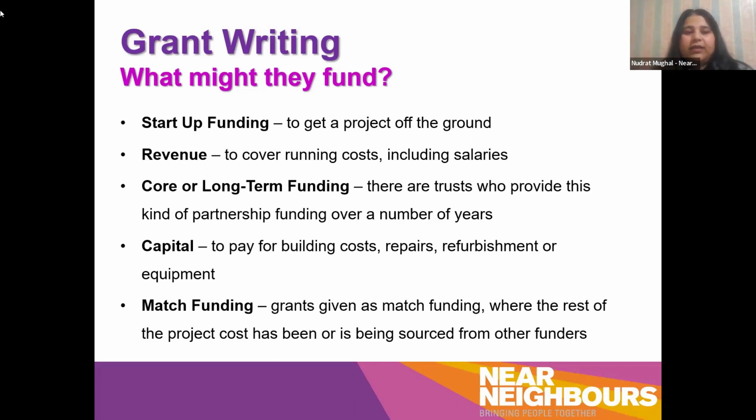Match funding means grants given where the rest of the project costs have been or are being sourced from other funders. So that means that you might have £5,000 already from one pot of money that you may have been given by the council, and you're now looking for another £5,000 because the overall cost of your project is £10,000.